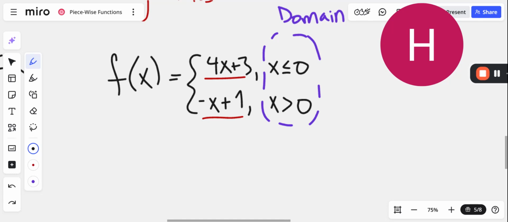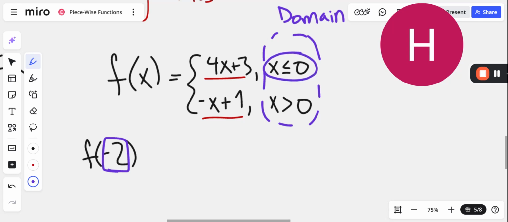I'll first have you take a look at f of negative 2. I want you to evaluate this function f of x when x equals negative 2. So in order to do that, I have to identify which piece this input belongs to. The negative 2 belongs to this group, x is less than or equal to 0, because negative 2 is less than or equal to 0.